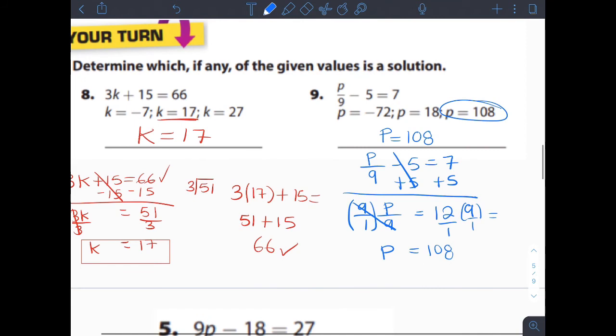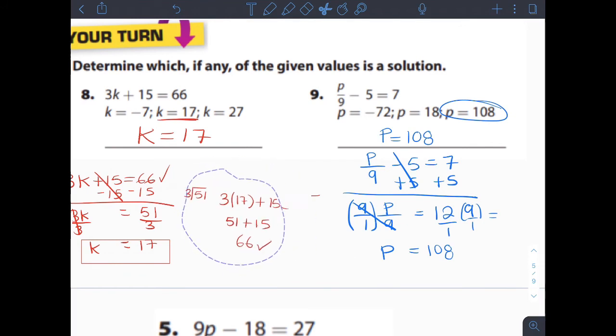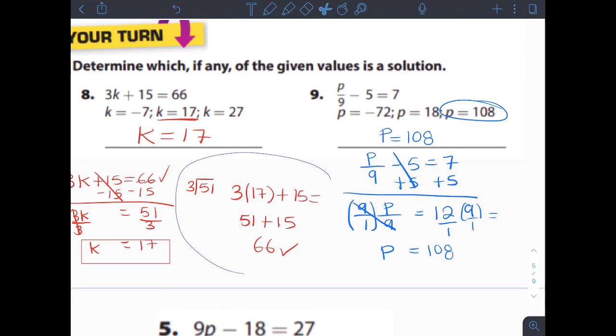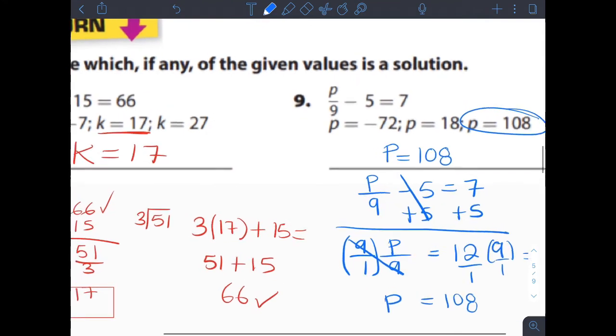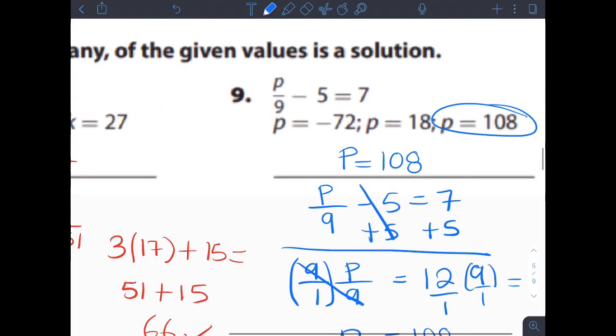But I always like to make sure that this is true by checking my answer, by checking that 108 is my actual solution. I don't have room there, so I'm going to make some room here.